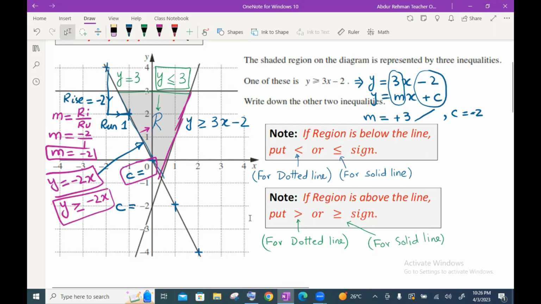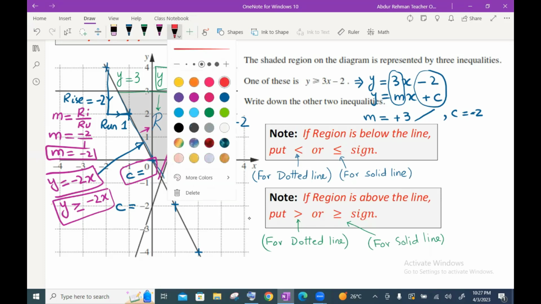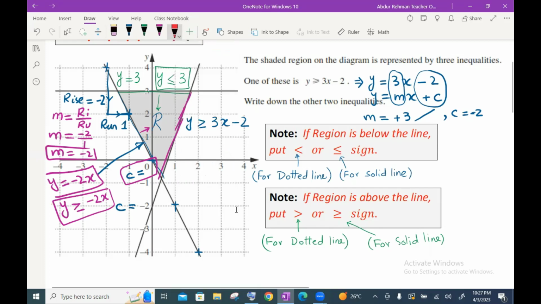So the final answer, it is a 2-mark question. Write down the two inequalities here. The final answer will be y is less than or equal to 3, this is our answer, and y is greater than or equal to -2x.